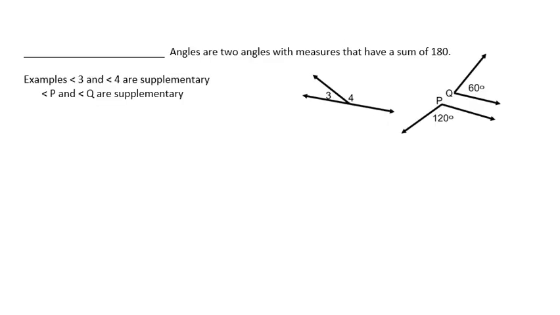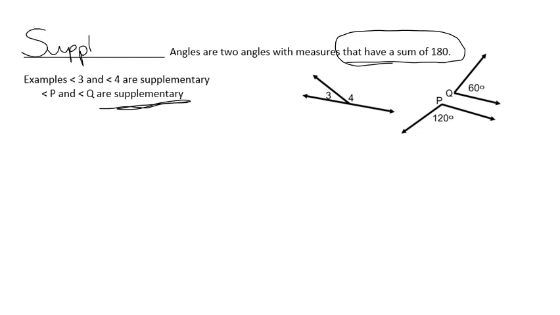Now, these were the angles I was getting ready to talk about prior. These have a sum of 180. They don't add up to 90, they add up to 180. And they're called supplementary. And again, it's a long word. Supplementary.